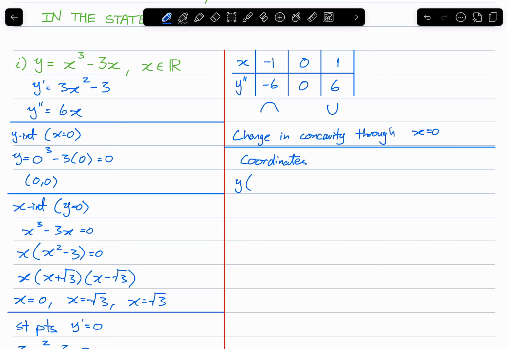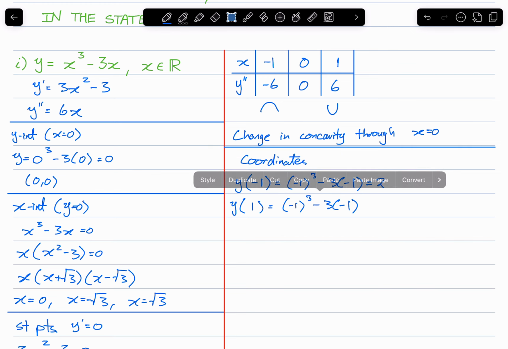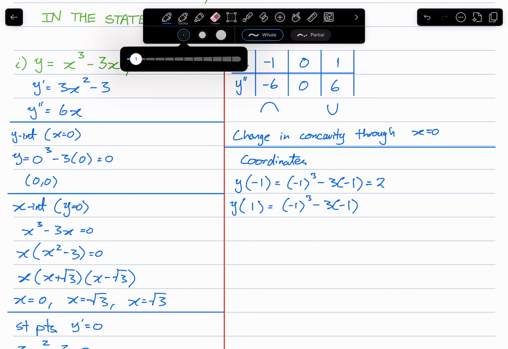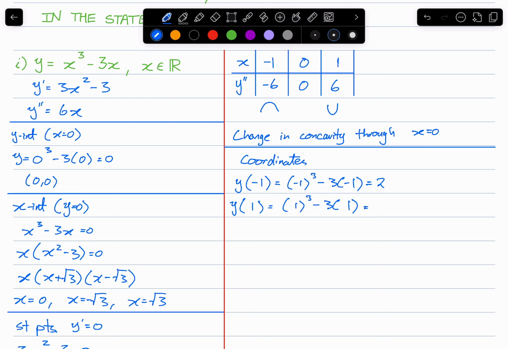So y of -1, substituting -1 into here, we get -1 cubed minus 3 times -1, giving us +2. Substituting +1, we can just copy this and delete the negative symbols. Using my calculator, this gets us -2.